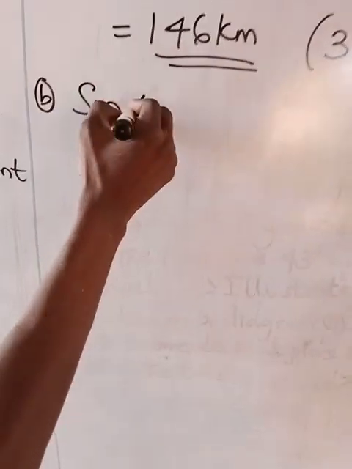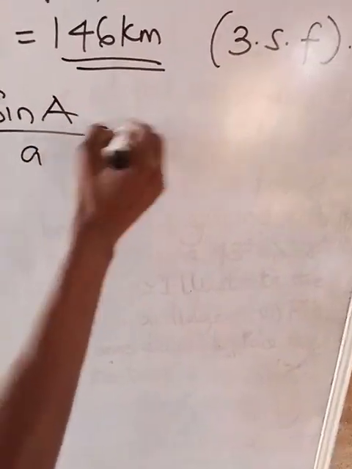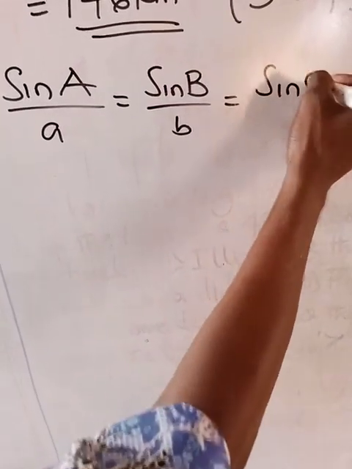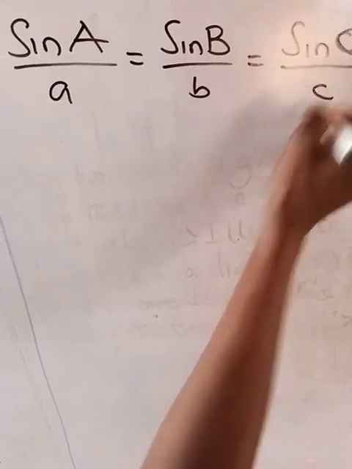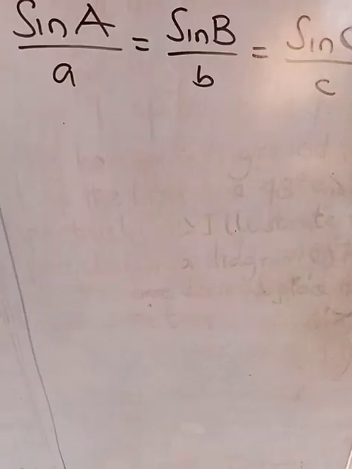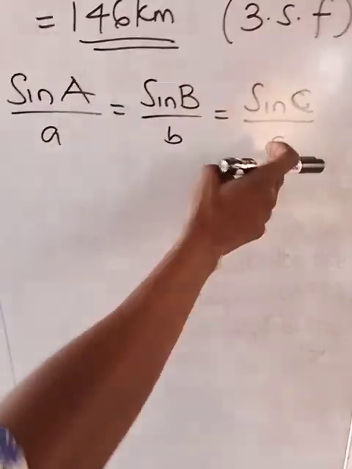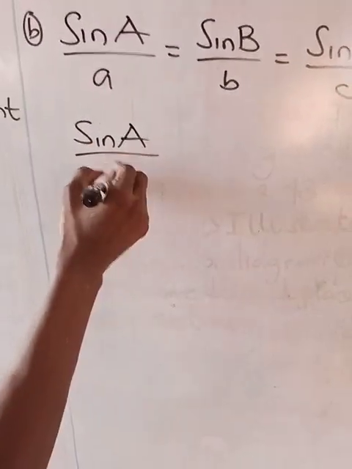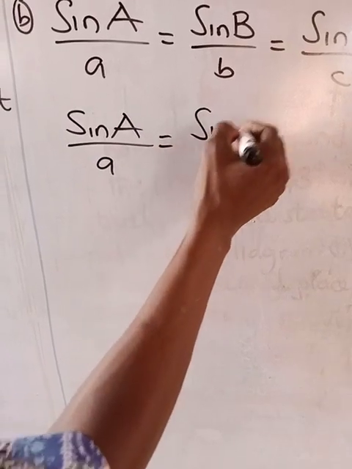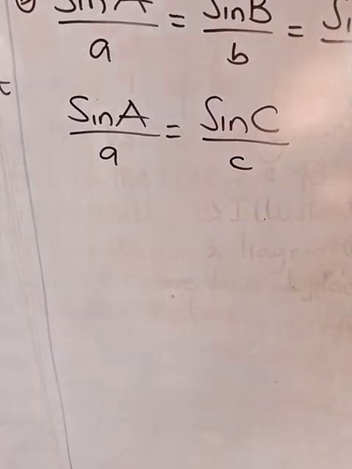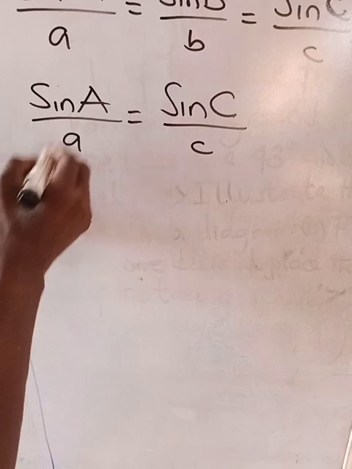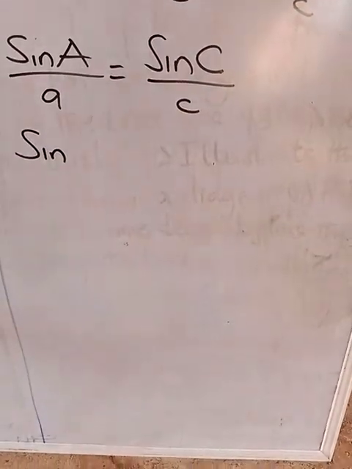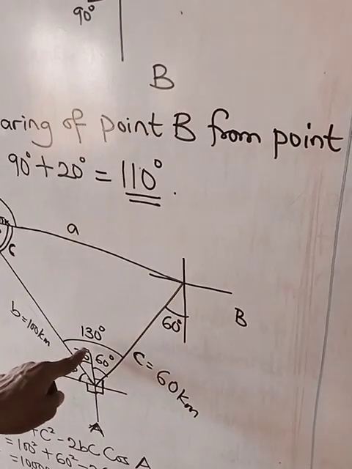Sine rule is sine A over A equals sine B over B equals sine C over C. For now, we can just use A and C. So sine A over A will be sine C over C. Sine A, that's talking of angle A, is already 130.